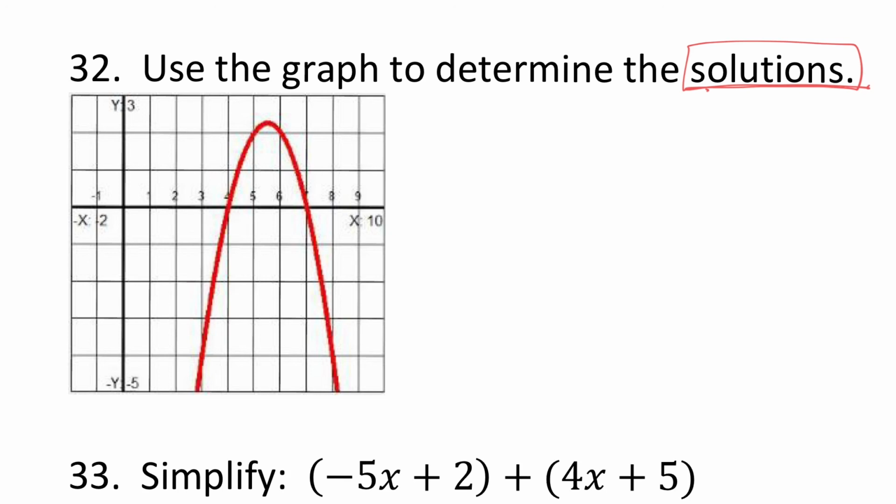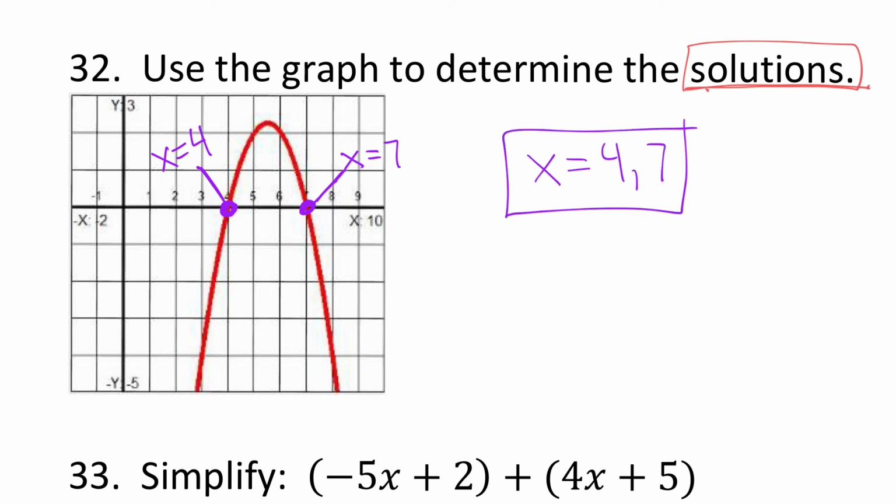One of the points is this one right there, and the second point is this one right here. This x value is +4 from the origin, 1, 2, 3, 4. And the second one is +7. That's it. Your solutions are +4 and 7. You just look where the parabola crosses the x-axis.